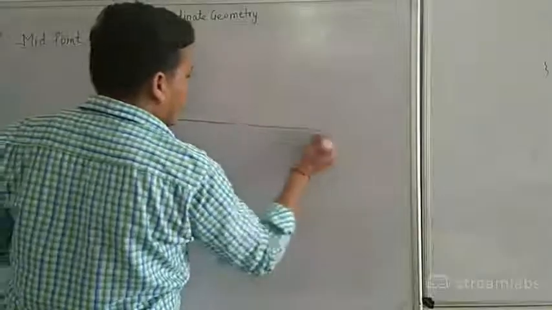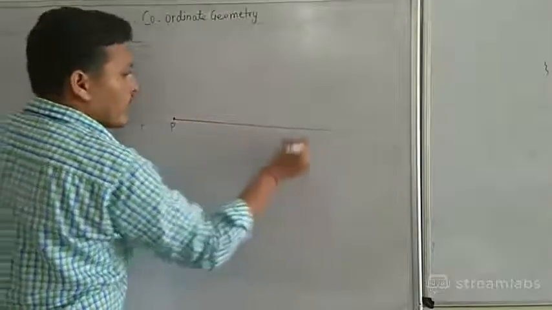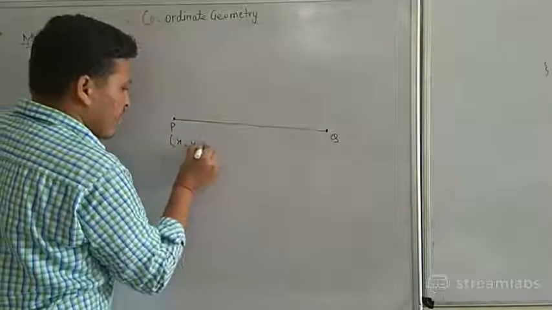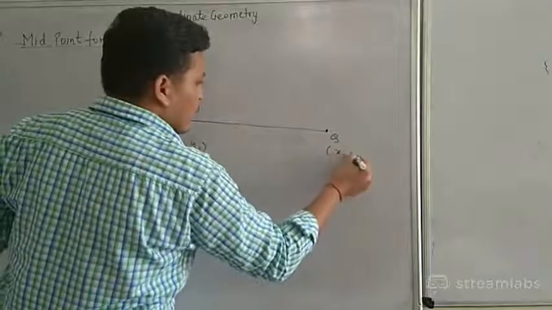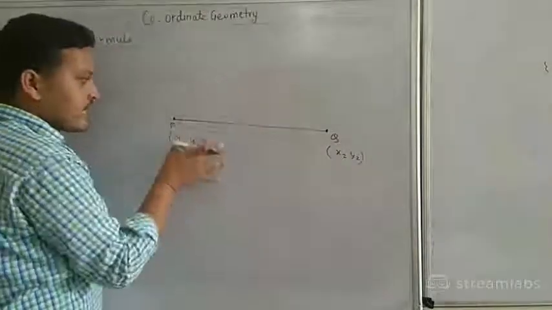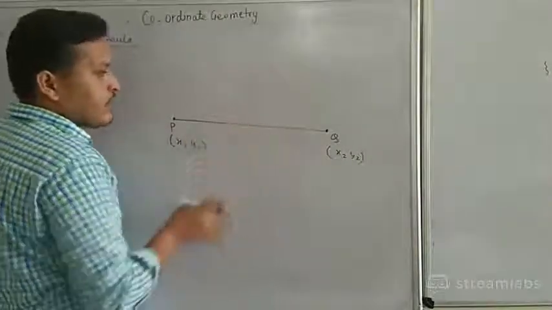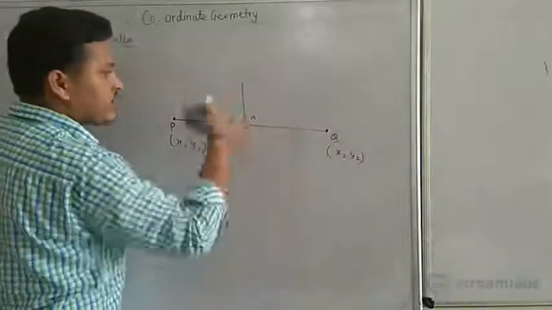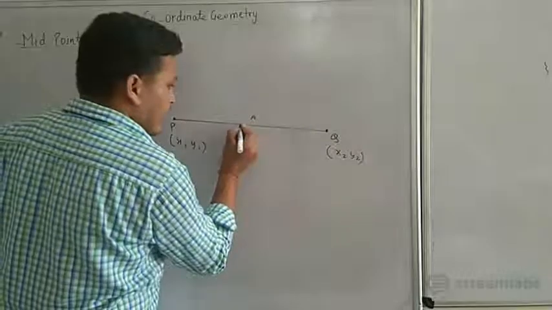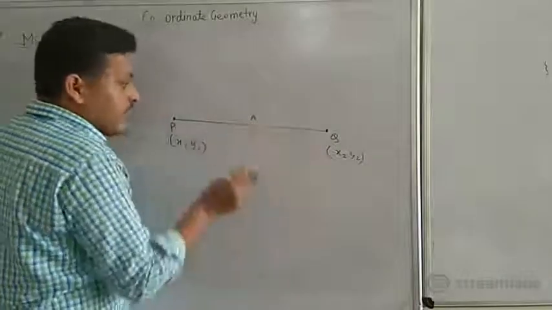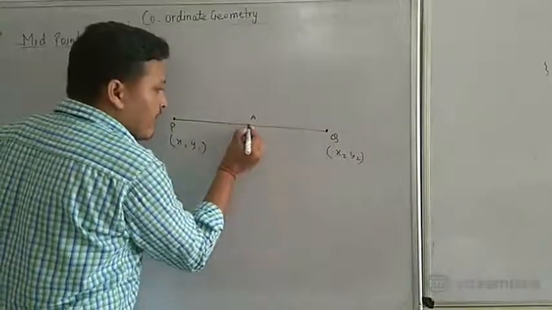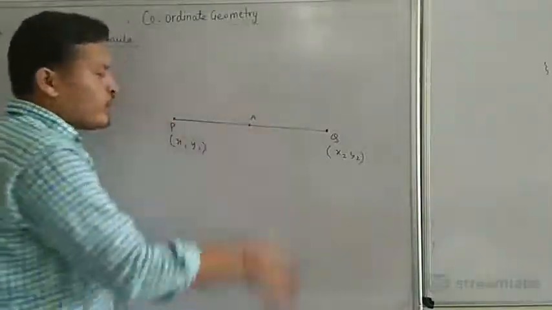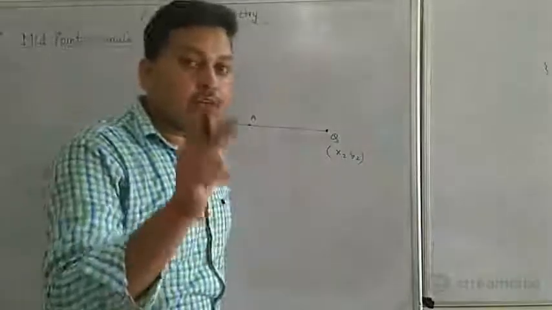If a straight line has points P and Q, whose coordinates are x1 y1 and x2 y2, a line is intersecting PQ at point A. A line is going like this, in any slanted way, it can be anything, and it is intersecting PQ at any one point A, which divides PQ into two equal parts.